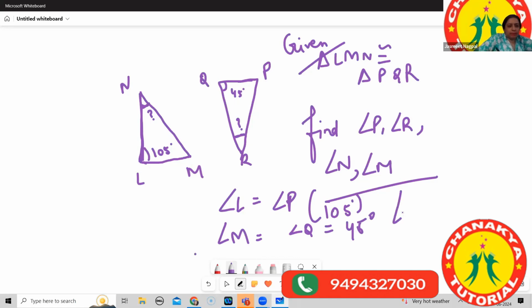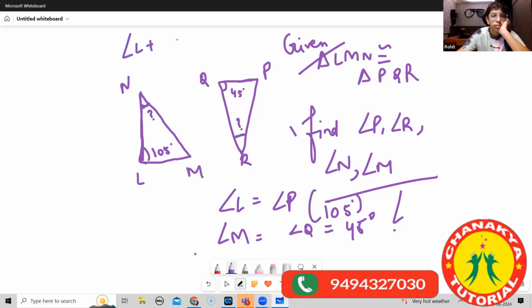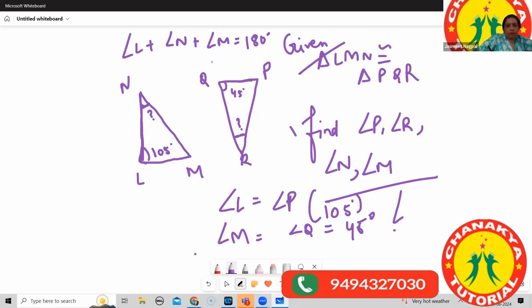If you are choosing M and L, let's find out. The sum of three angles of a triangle is 180 degrees. Now what is the answer then?